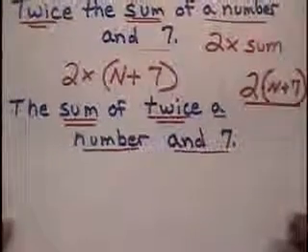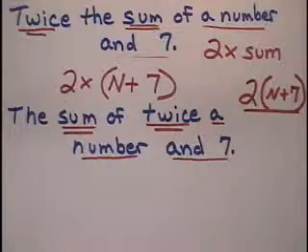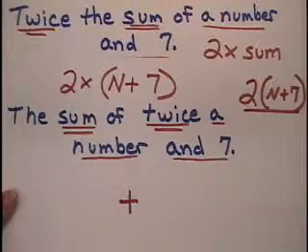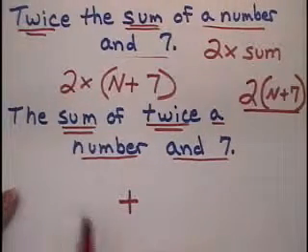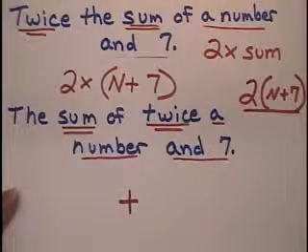How is that different from the next problem here? The sum, this time of twice a number and 7. The sum means the answer to an addition problem. So I'm going to add. What am I going to add? Well, hopefully 2 ideas. One on the left of my plus sign and one on the right of my plus sign.